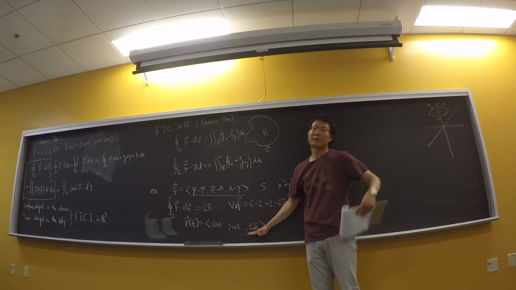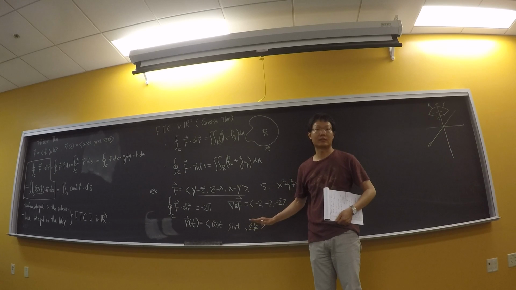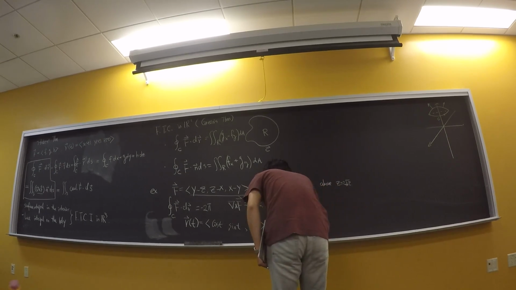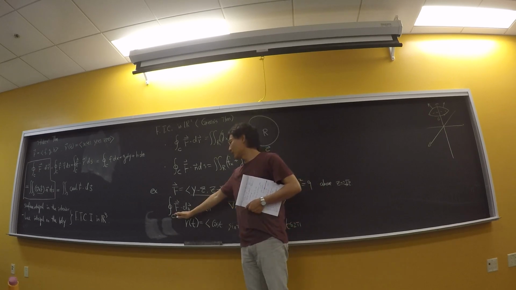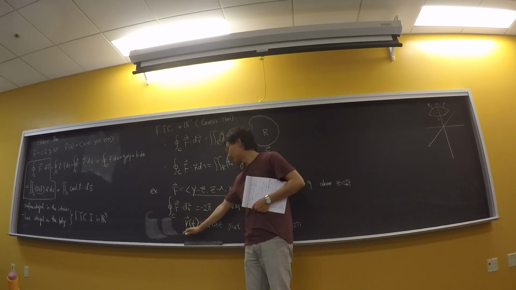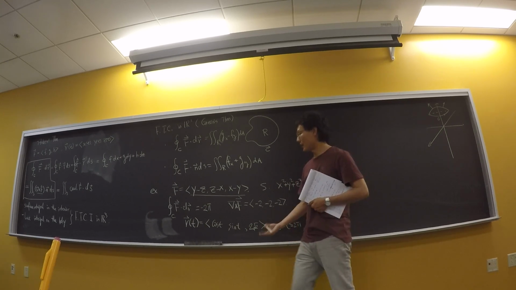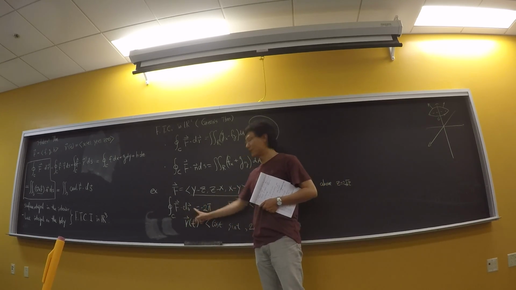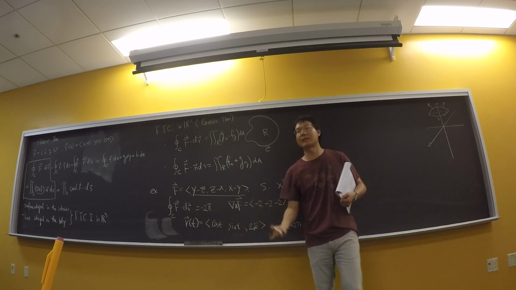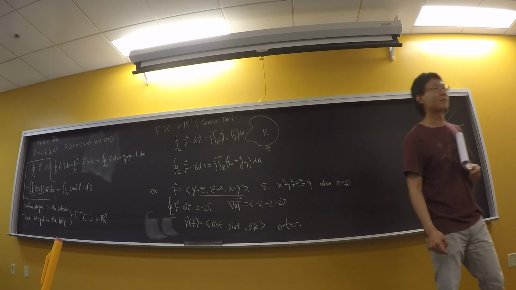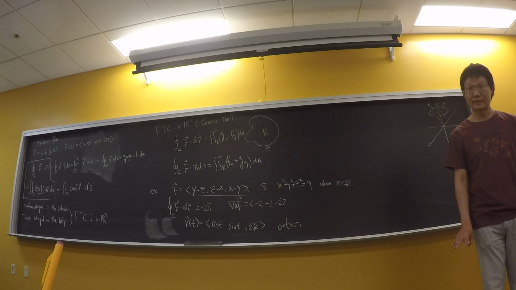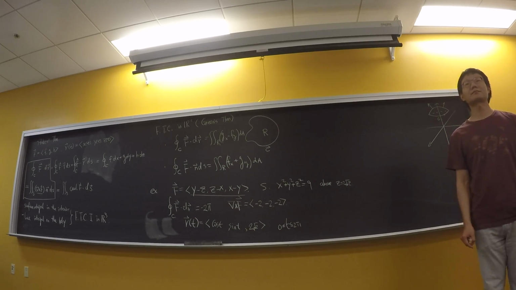Because your curve is in R3 and t goes from 0 to 2 pi, you can easily evaluate the line integral using these parametric equations. You plug in the vector field, take the derivative of each component, and you are just taking a single variable integral. That is what we did on Monday's class. Questions?